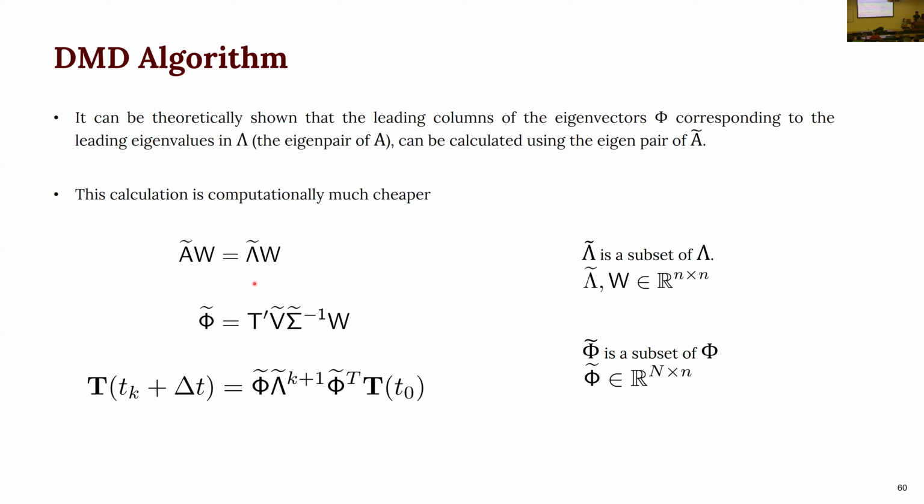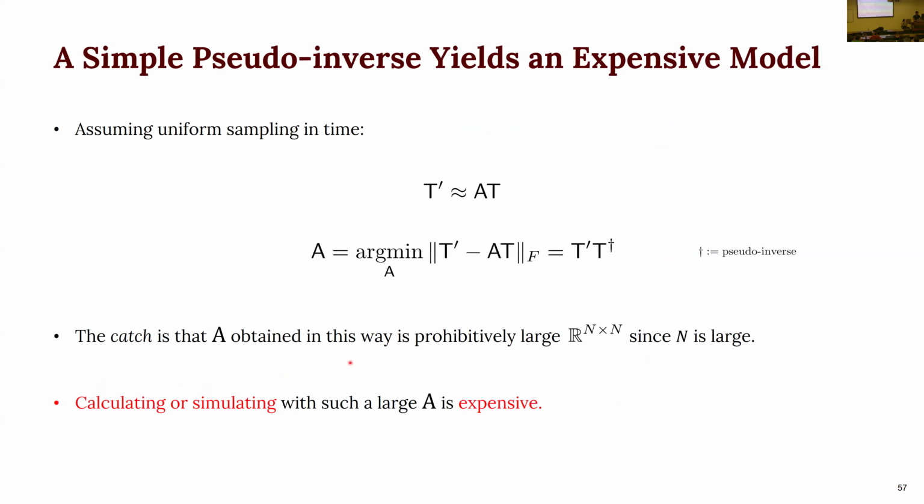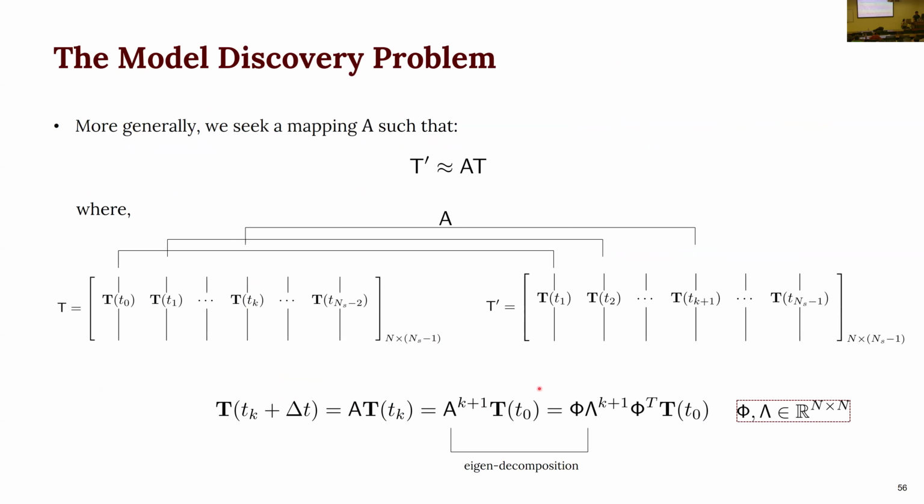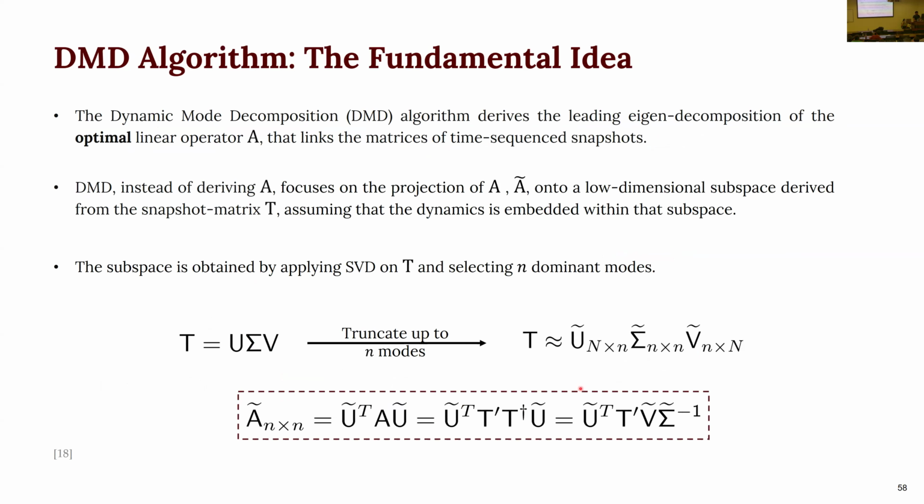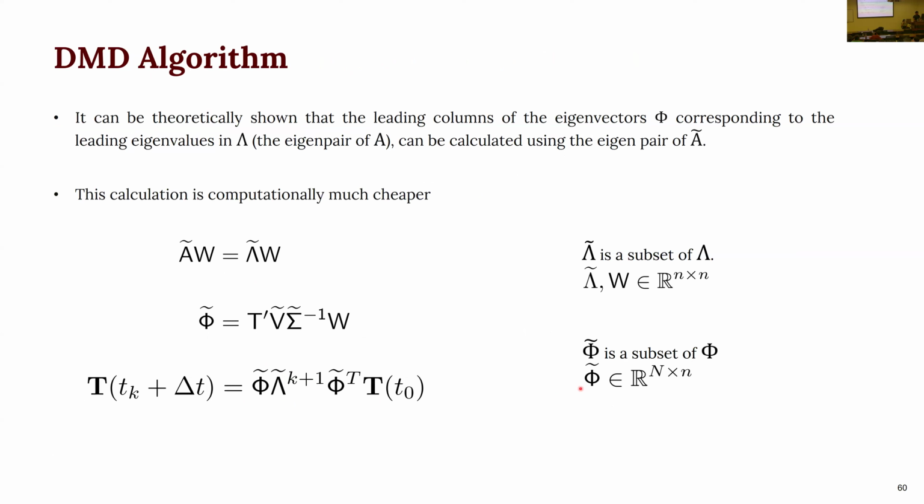Once that's done, instead of this expression, we can replace it with these approximations, and it gives us a model that advances the state at the initial time to a state at tk plus delta t for any case.